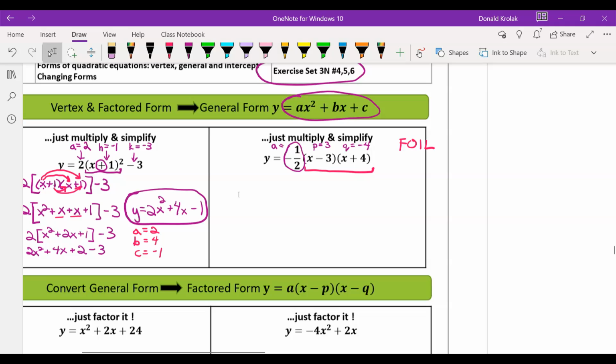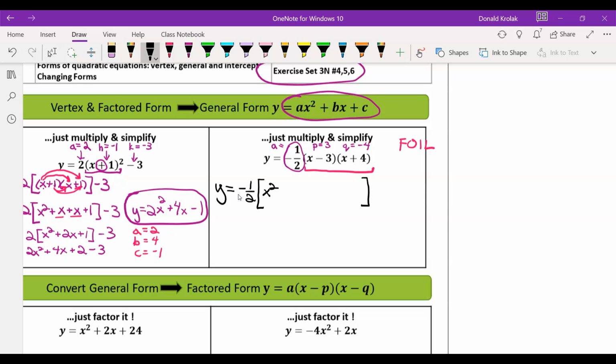Okay, so first, I'll have y equals negative 1/2. Okay, multiply your first terms, Jacob. Yep.